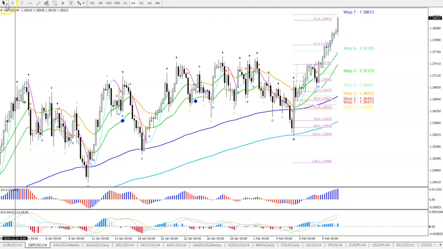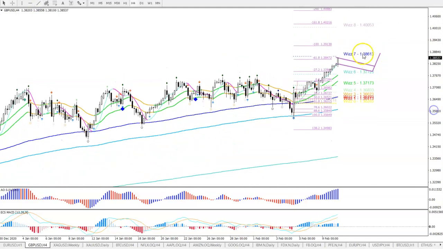Now, downside, I don't know. It is possible for a reversal trade on lower time frames, maybe smaller 50, 75 pip, but I wouldn't expect much more because it's very possible, I would say, maybe again 65 and 35 here, that there's a flag going to be emerging and then a continuation higher towards WIS 8.